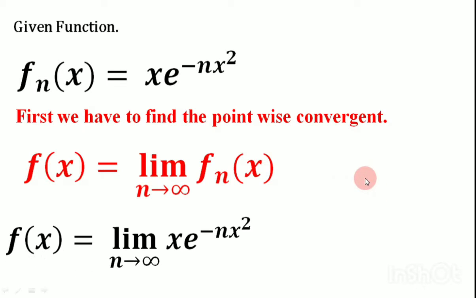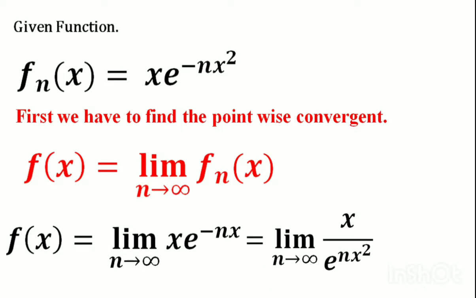In place of f_n(x), I am applying the given function. It gives the answer 0, because e^(nx^2) as n tends to infinity is e to the infinity, so x, being any number, divided by infinity gives 0. So the pointwise convergence is true. The limit function is 0.